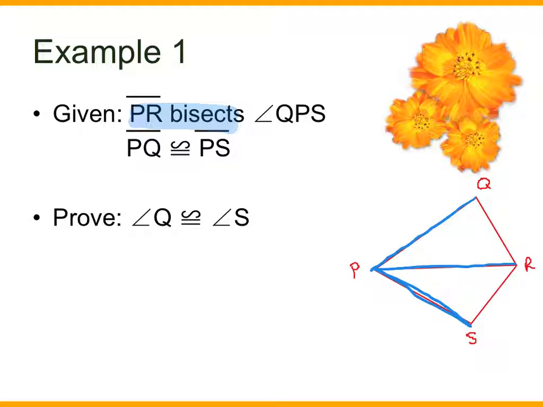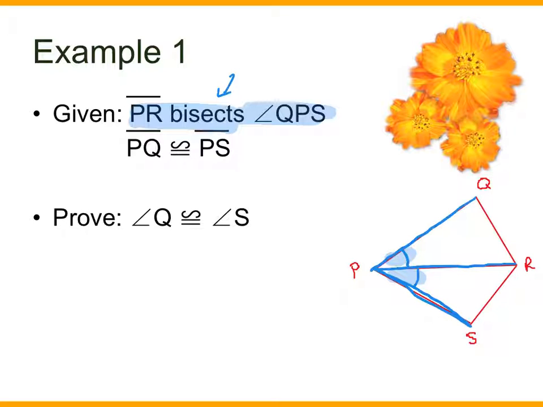So at the end of all this, what two things are congruent to each other? QPR and SPR. Those two things are congruent. That's what bisecting means, because it bisected angle QPS. It bisected it, so this was congruent to that.